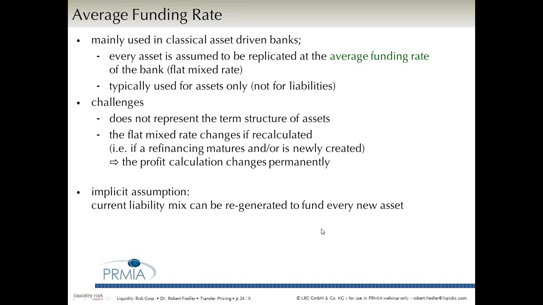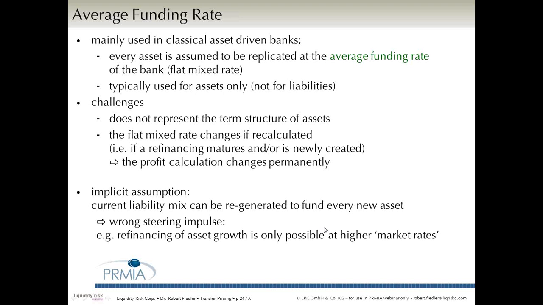Implicit assumptions are that the current liability mix can be regenerated to fund every new asset. This might give the wrong steering impulse that refinancing asset growth is only possible at higher rates, and in this case our assumption does not work, and we would give new loans and only fund them at higher rates and eventually produce losses, or at least smaller profits.